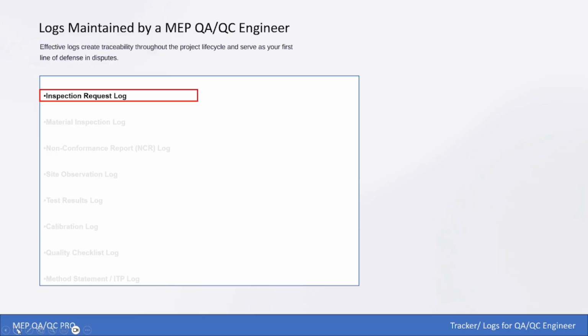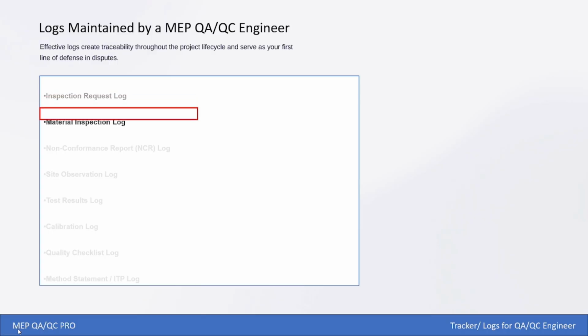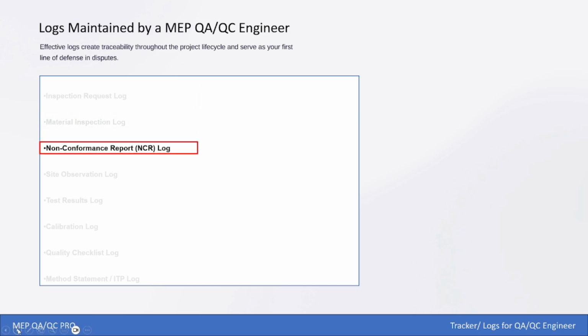That needs to be tracked perfectly so that you can understand the status of the project. The same goes for the material inspection log. Then the non-conformance report, NCR logs.